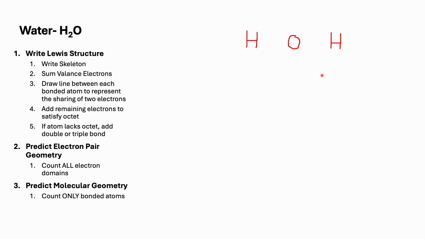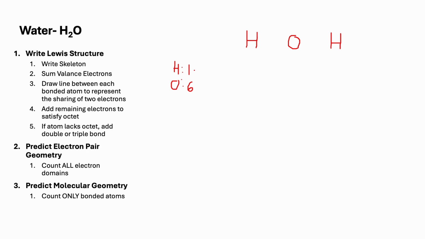If hydrogen is not present, you put your more electronegative atoms on the outside and the less electronegative as your central atom, just as a review. We are then going to sum all of our valence electrons. On our periodic table, we can find that hydrogen has 1 valence electron, oxygen has 6 valence electrons.